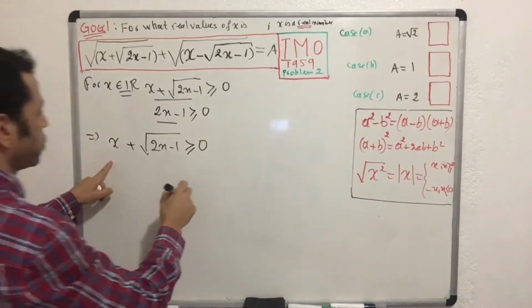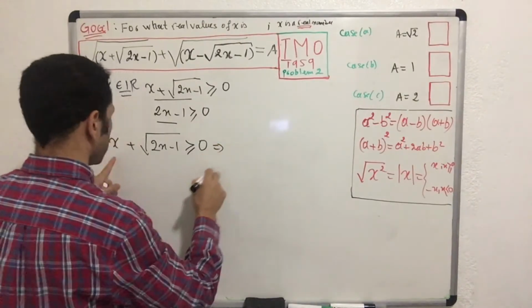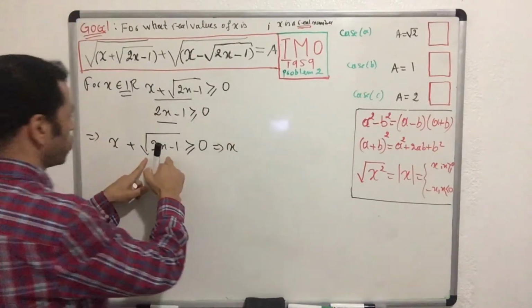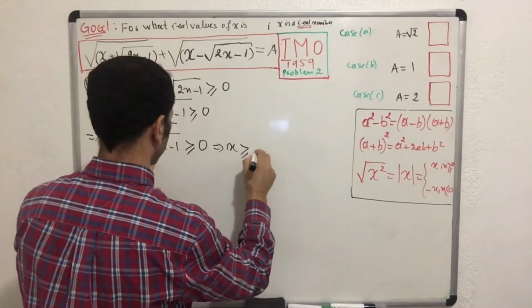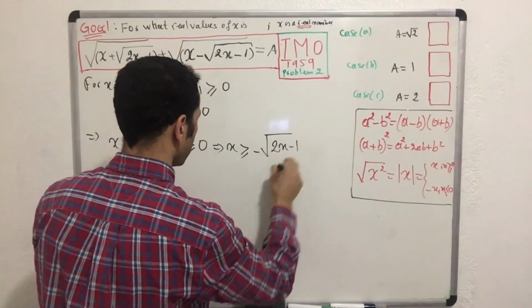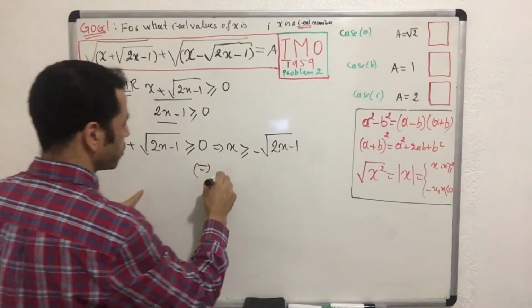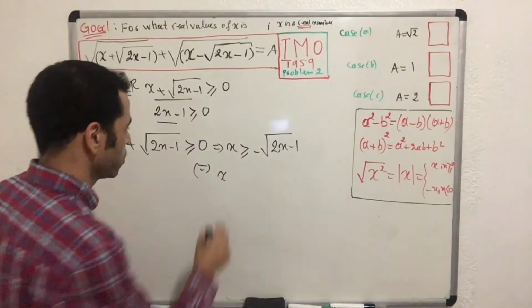This is the first condition of x. That means let's put the square root of 2x minus 1 on the other side, which is minus square root of 2x minus 1, equivalent. Let's raise to the power 2 on both sides.